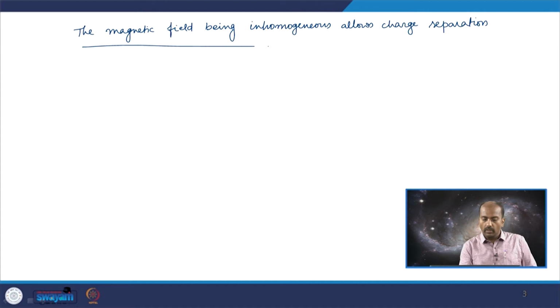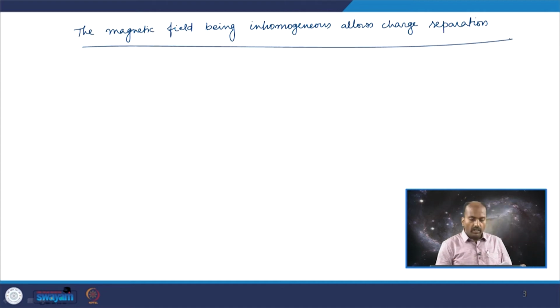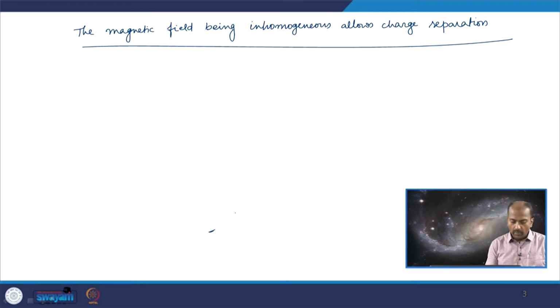So this is the important point. The magnetic field being inhomogeneous allows charge separation, and the velocity with which these particles will travel is generally called the gradient drift velocity. So the gradient drift velocity can be more conveniently written as, let's say, V del B.